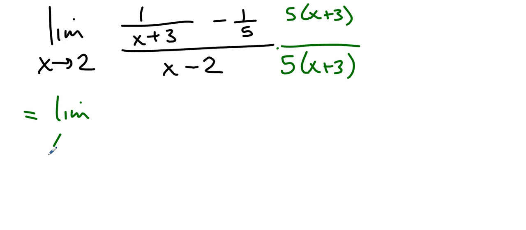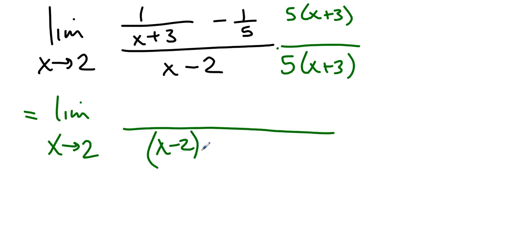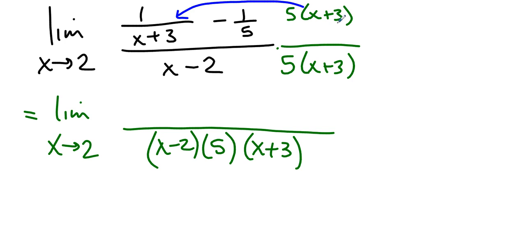So what does that mean for us? The denominator is actually not that bad. It's just a product of 3 terms. But in the numerator, as we distribute 5 times x plus 3 times 1 over x plus 3, that's 5. And 5 times x plus 3 divided by 5 is just x plus 3.